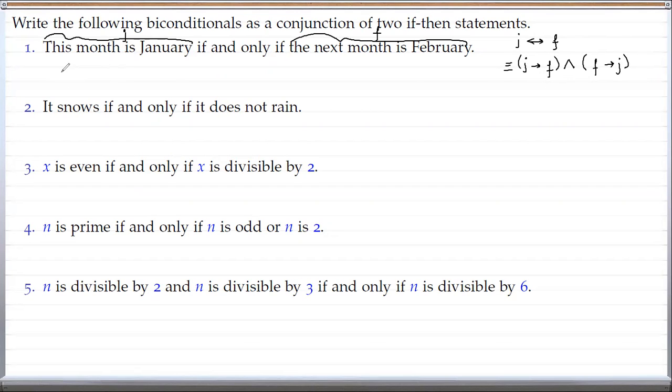We get J implies F is: if this month is January, then the next month is February. So this is one direction.